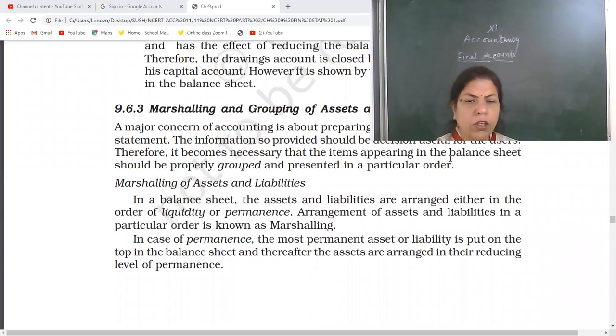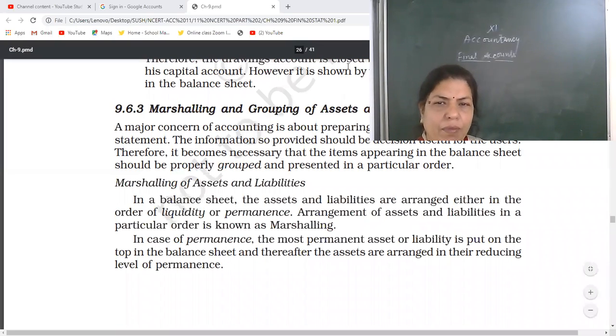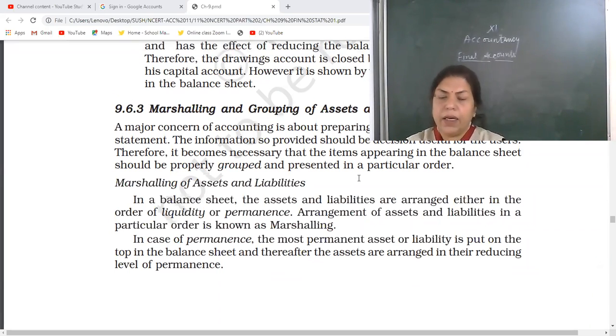So, marshalling of assets and liabilities. First, in a balance sheet, the assets and liabilities are arranged either in the order of liquidity or permanence. An arrangement of assets and liabilities in a particular order is known as marshalling. See, proper order should be there.